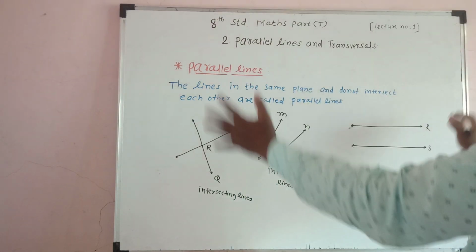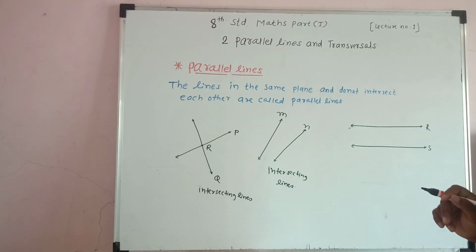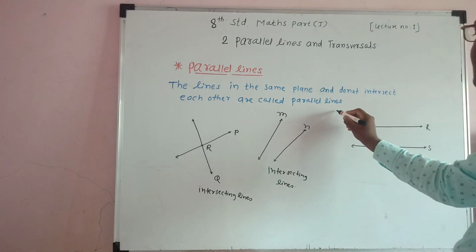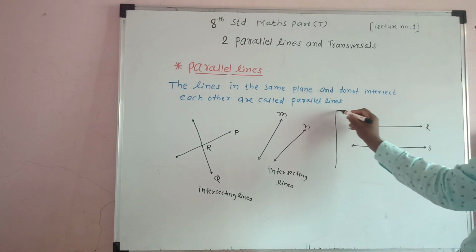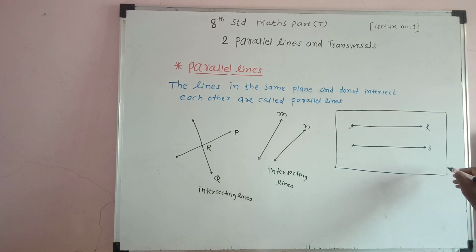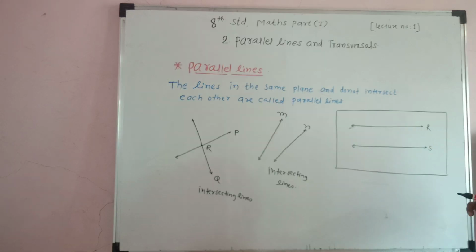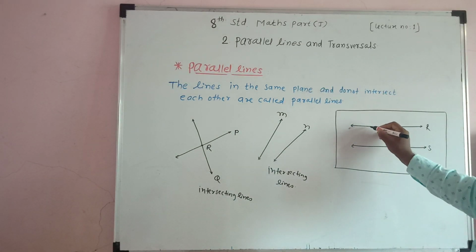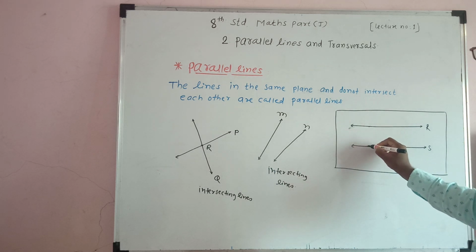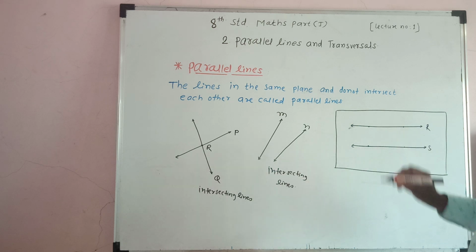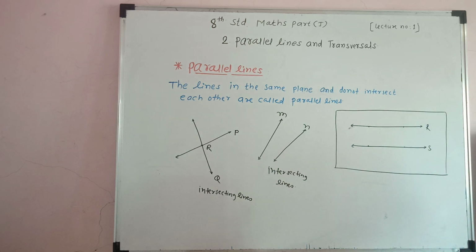A flat surface which extends infinitely is called a plane. These two lines are in this plane, and these two lines are not intersecting with each other. That is, the distance between these two lines is the same. Then these two lines are called parallel lines.